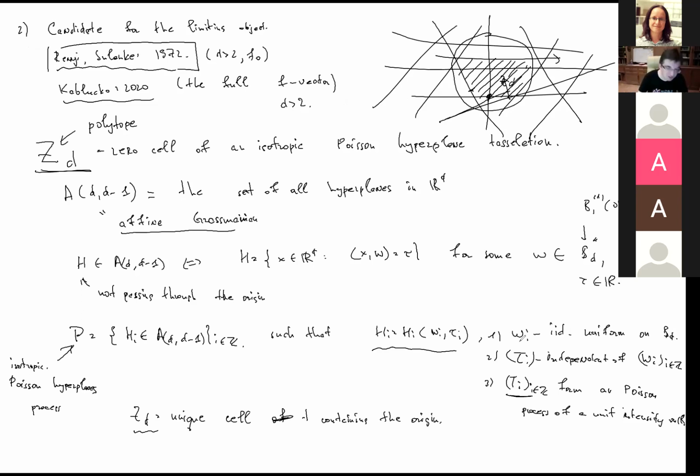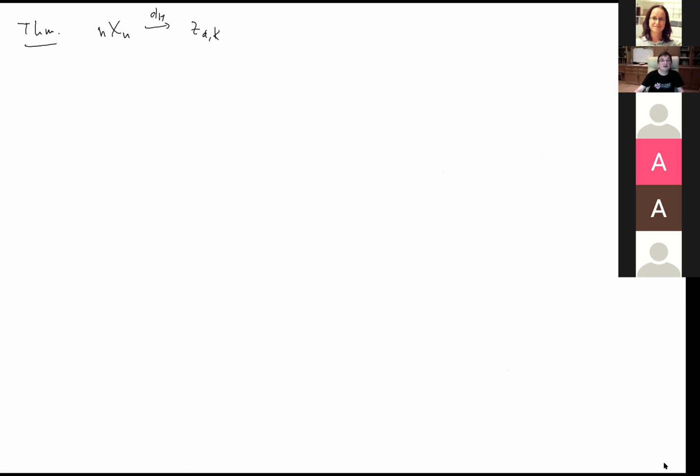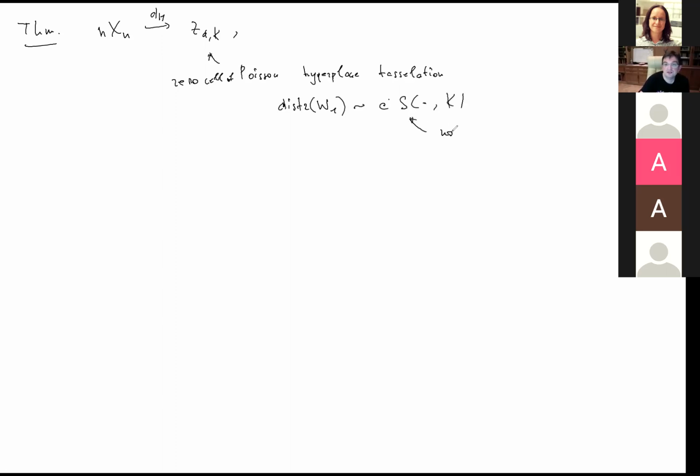This distribution can be defined via the surface area of the body K. So here, this is the zero cell of a Poisson hyperplane tessellation with distribution of W1 being the normalized surface area of K.